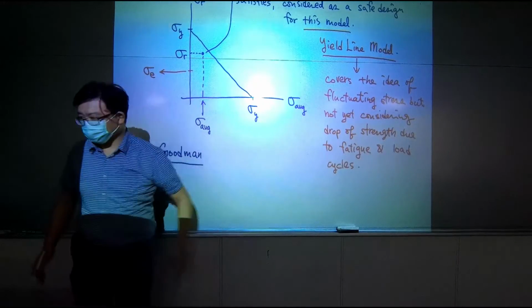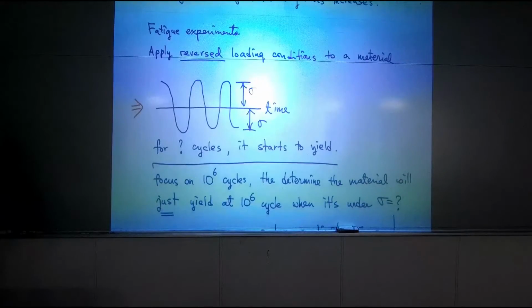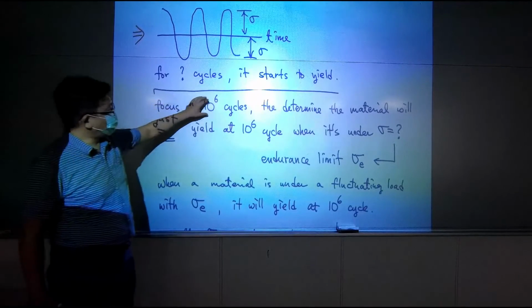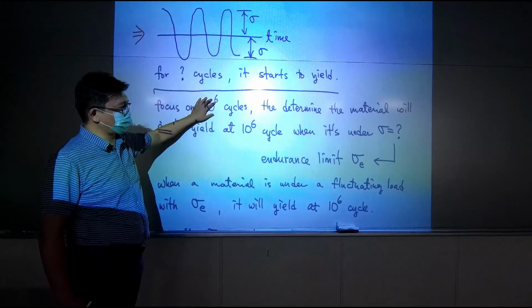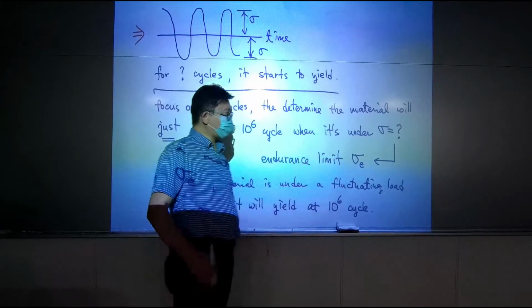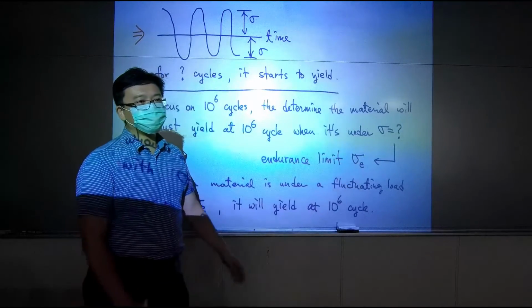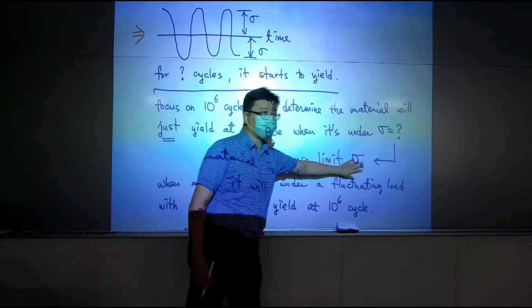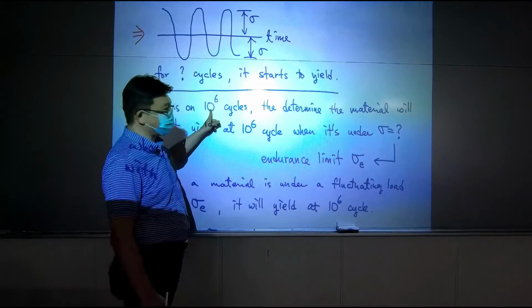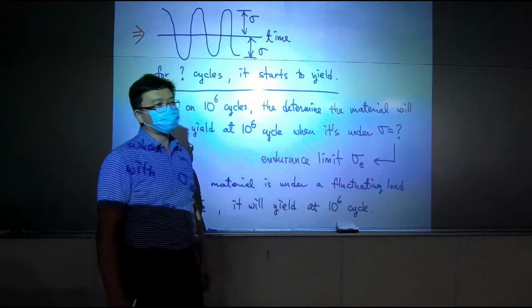And previously we talked about, for fluctuating stress, you asked a question. For a certain number of cycles, the strength drops to the endurance limit. Okay? Actually, after this, it doesn't drop anymore. It's like the minimum. It drops really fast for the first couple of 10 to the power of 6 cycles, and then it doesn't drop too much.